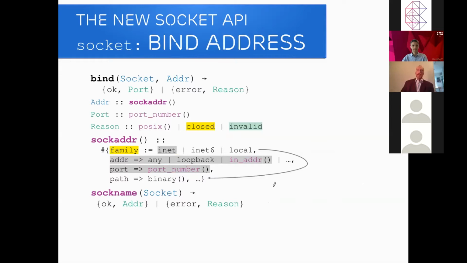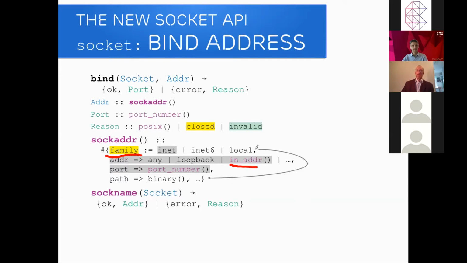Binding an address to a socket is actually an optional operation. There is a paper from the Heroku guys called Sockets in a Bind, where they explain when it's good to not bind. An interesting read, really. The socket address has just one mandatory field, and that is the family. And then for the inet family, we have two other fields, one of them an IPv4 address.